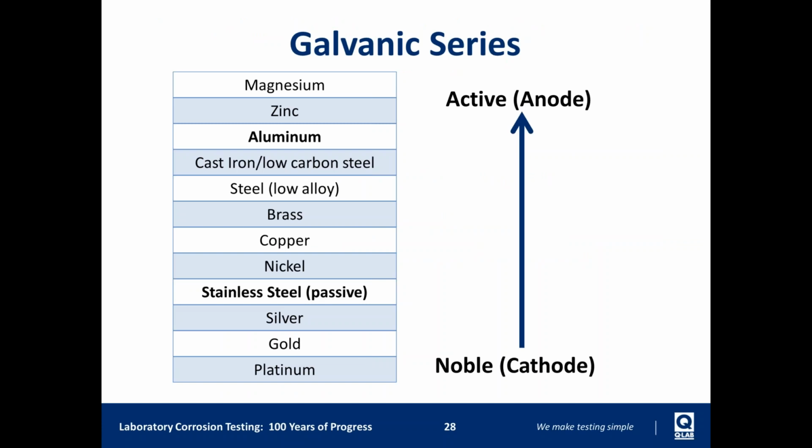When these two metals are touching, most of the corrosion is going to be localized into the anodic metal, and the cathodic metal is going to be pretty much untouched. The most common one we see day to day is stainless steel and aluminum, because in the real world, these two things are very often paired together.